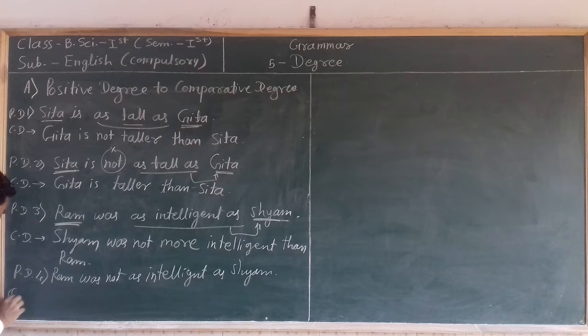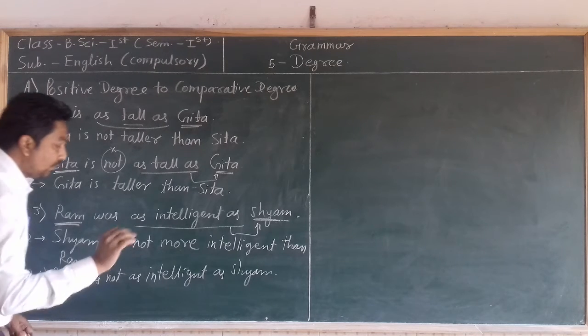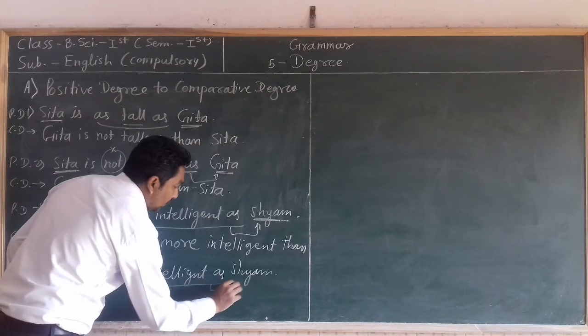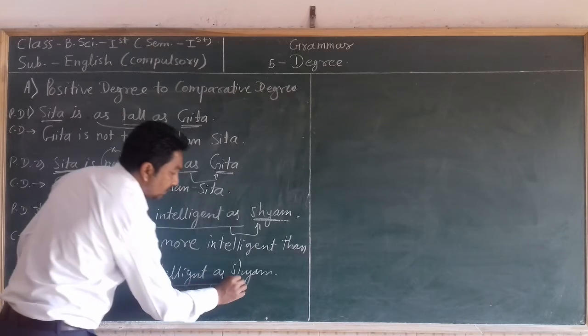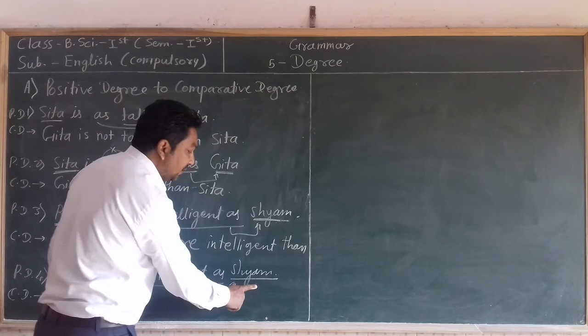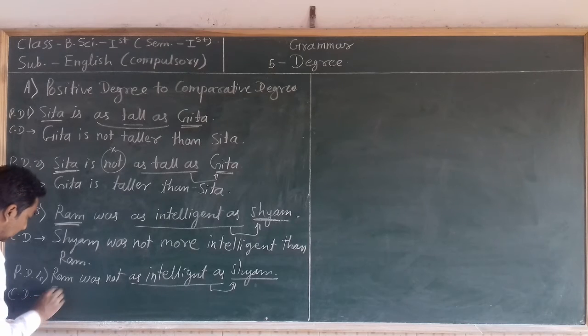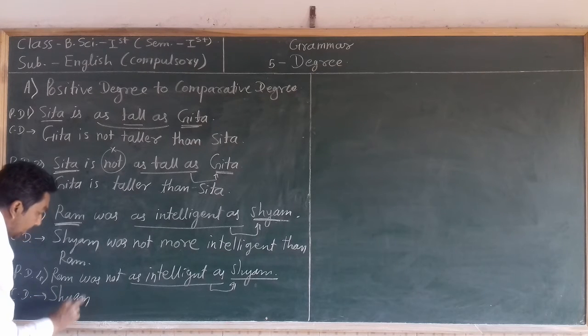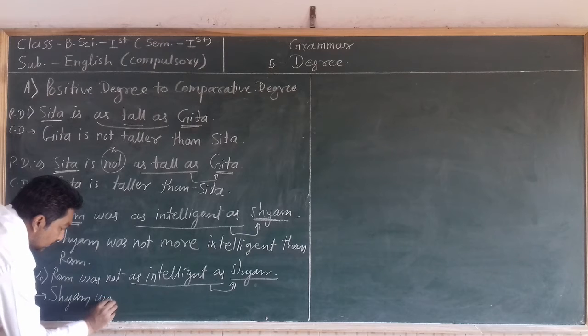So all the rules are the same. First see what is given after as. There is given Shyam. So take this object as subject in comparative degree. Then take the helping verb as it is.